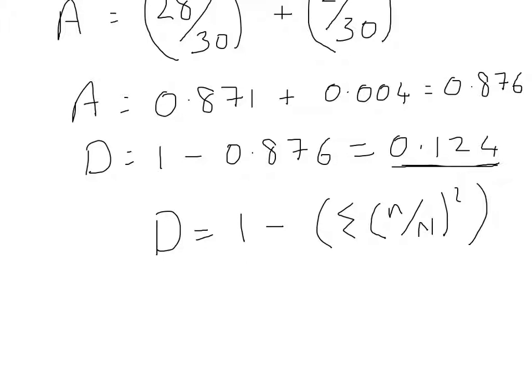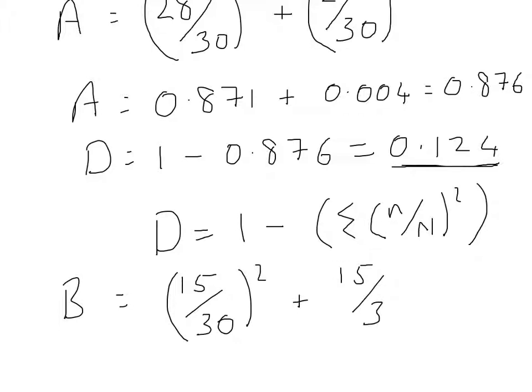So for population B, the first thing again I do is to work out little n over big N squared for each of my species. Well, it's 15 of each, species 1 and species 2, so it's 15 over the total number of all organisms of all species, which is 30, squared, plus 15 over 30 squared.